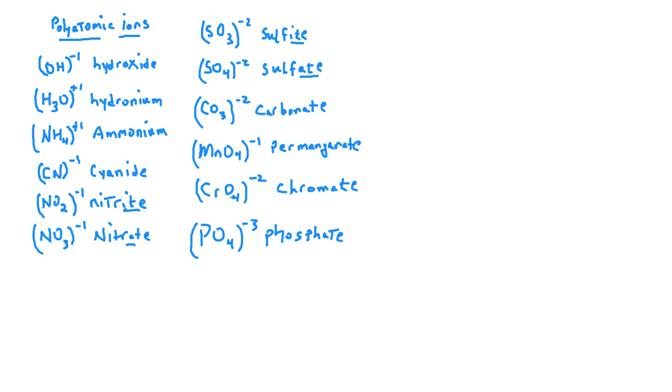Okay, so let's see how we would mix some of these. Suppose I want to make some calcium phosphate. As I said, you have to learn these polyatomics.